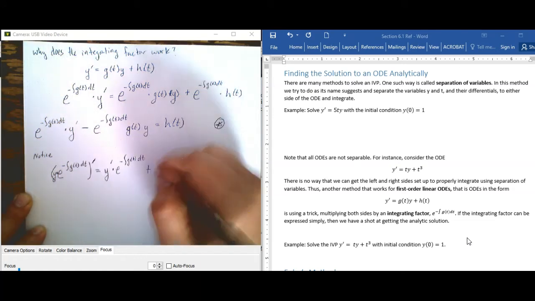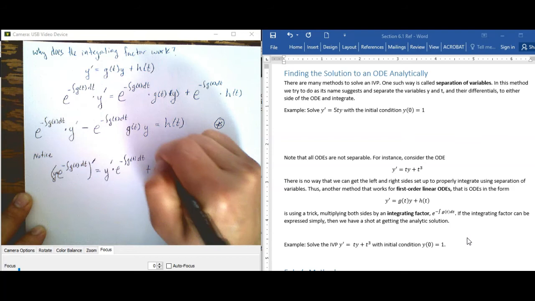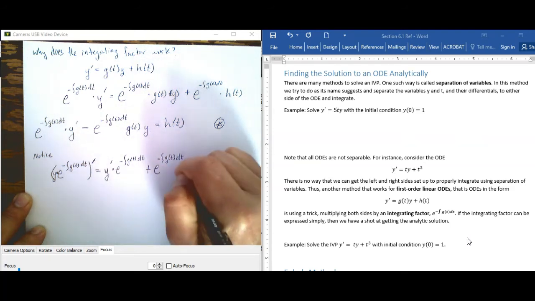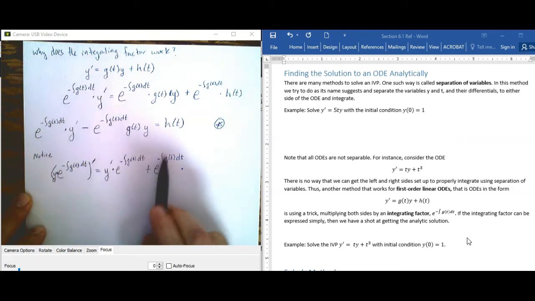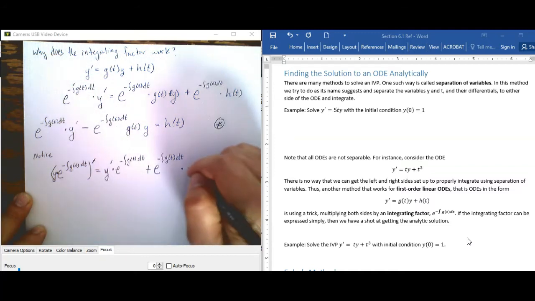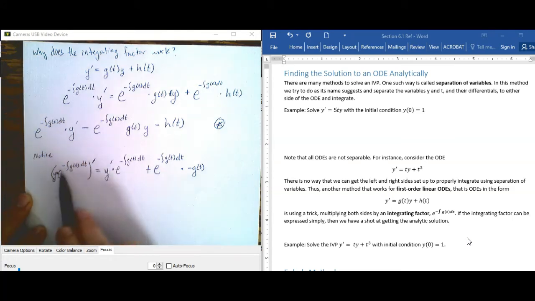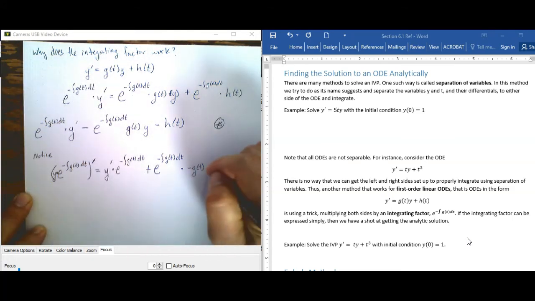Well, it's just going to be e to that power, but chain rule says we multiply by the derivative of that power. So what is the derivative of the negative integral of g of t dt? Well, the fundamental theorem says that the derivative of an integral is simply the integrand. So the derivative of this is just negative g of t. Right? So it's the derivative of the first term times the second term, times y.